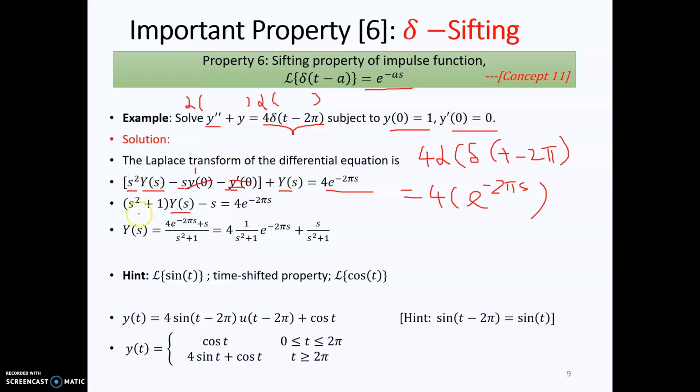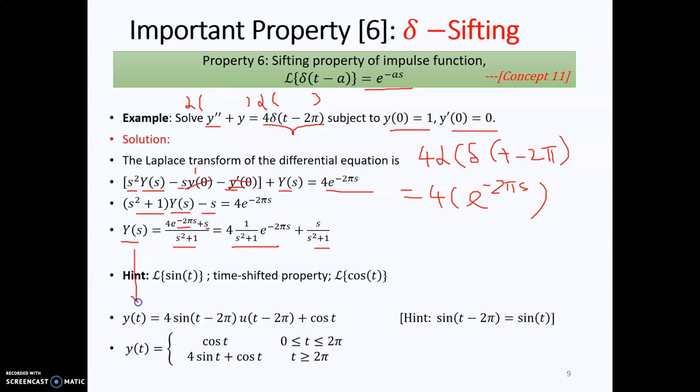You have s squared plus 1 here, and then this one is negative s. Then extract your Y(s) on the left hand side, then you should be able to obtain this term. And you separate it into two parts. One is for the exponential part, another one is the s over s squared plus 1 part.